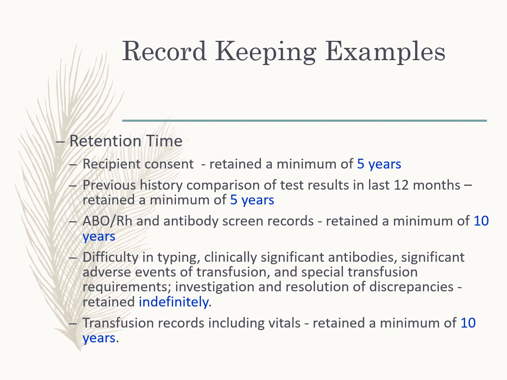Any previous history, you have to retain for 5 years. ABO and antibody records, you have to retain 10 years. If there's any difficulty in typing or clinically significant antibodies, you have to retain that indefinitely. And transfusion records, including the vitals taken at transfusion, are retained a minimum of 10 years.